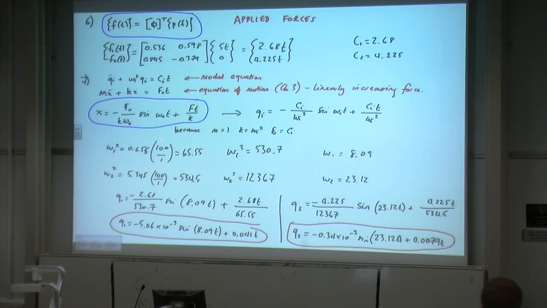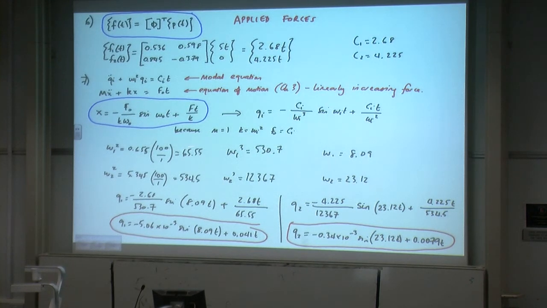And because we know that k is 100, we've got 65.55 and 534.5. To find the cube, obviously you square root this and then cube those values and you get those two numbers. And obviously to find omega 1 and omega 2, which you need to stick in the sine bit, sine omega 1t and sine omega 2t, you have to square root this. You get 8.09 for this one and 23.12 for this one. And so that's where those two come from.